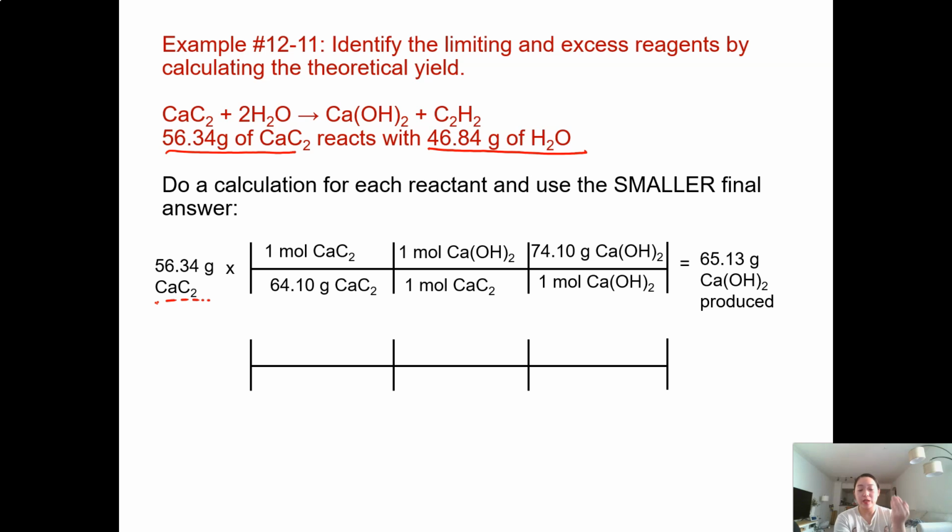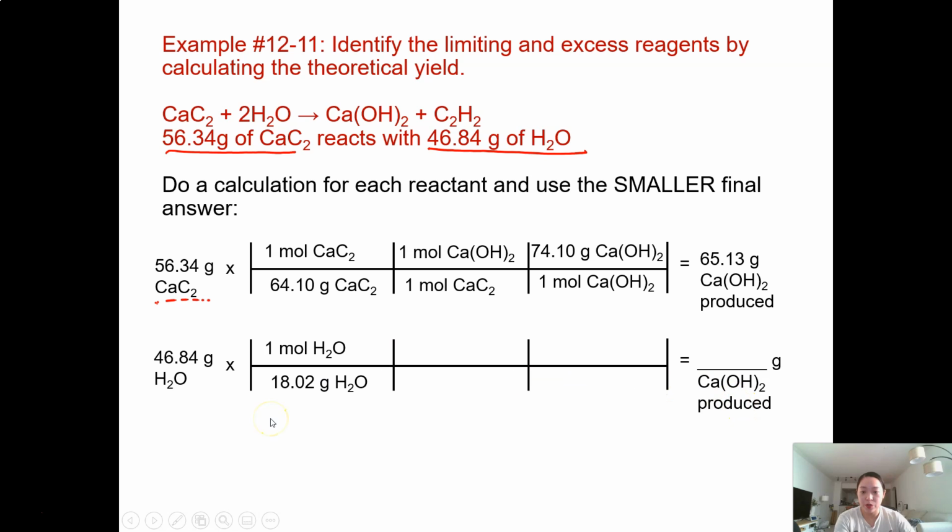Now, this number tells me that if I used up the entire mass of calcium carbide that was given to me, I would get this much amount of calcium hydroxide produced at the end. My next calculation is that if I were to use up the entire mass of water that was given to me, which is 46.84 gram water, how much gram of the product would I get at the end?